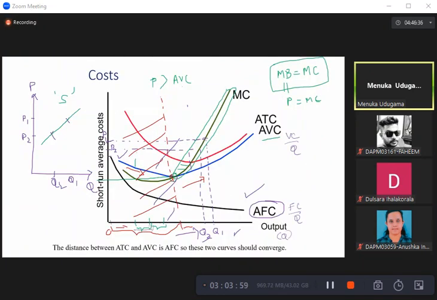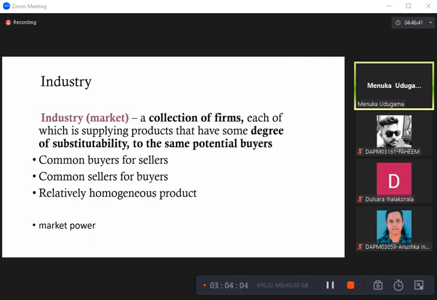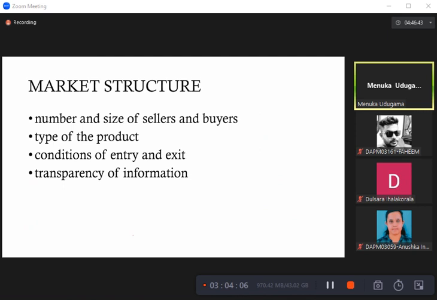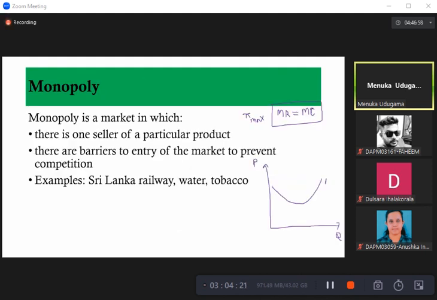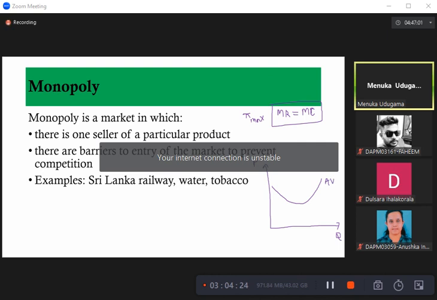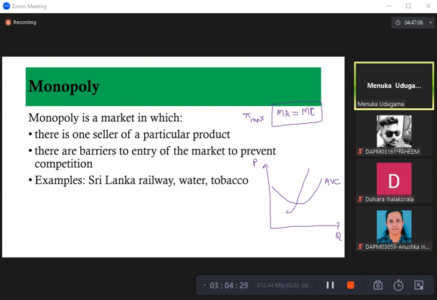It's either the average variable cost or the total cost, and we will draw the average variable cost now. We draw the average variable cost curve, and I will also draw the marginal cost curve. The marginal cost curve goes through the minimum point of the average variable cost curve.